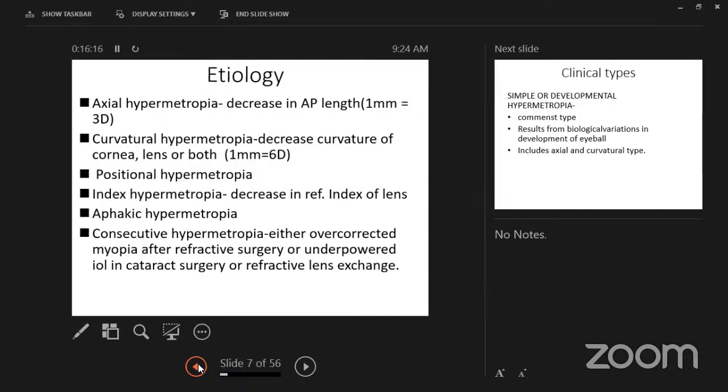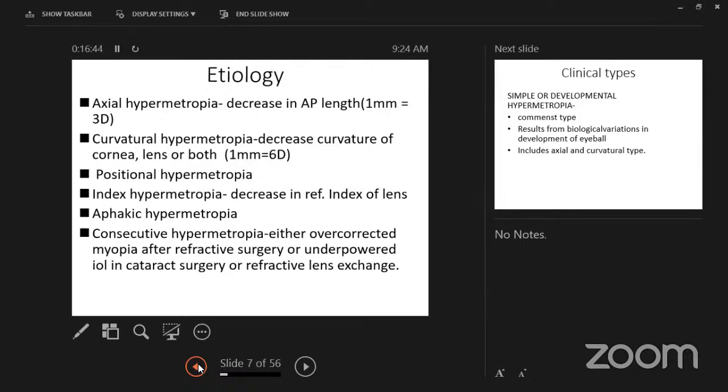For example, suppose IOL power is labeled as 22 diopters. Is it in relation with air or aqueous? So it is 22 diopters of power, it's not an index.